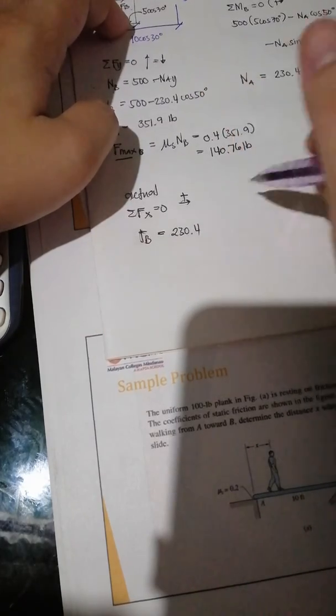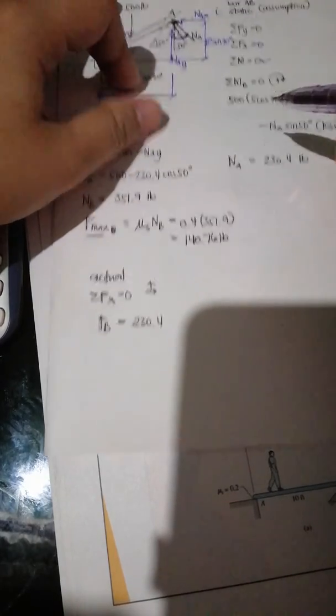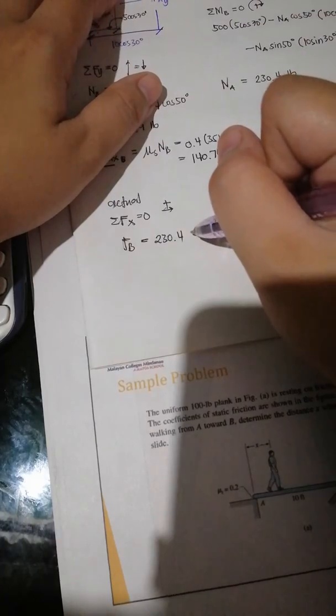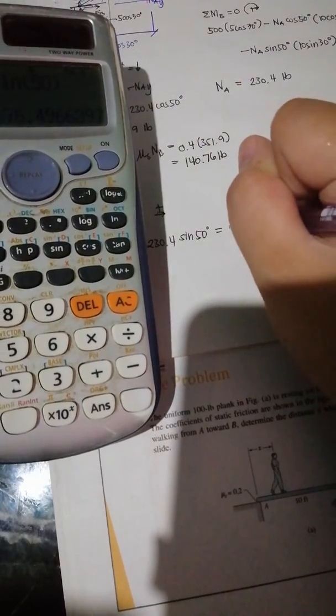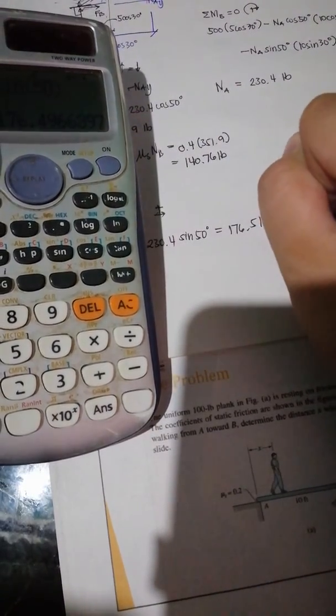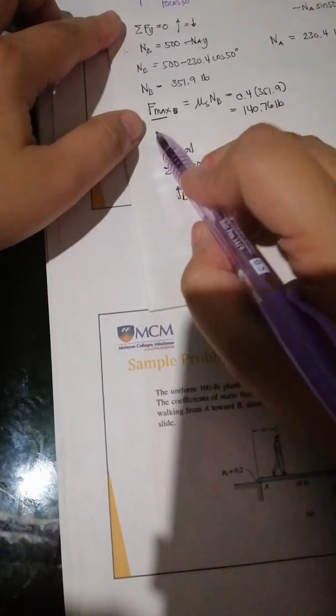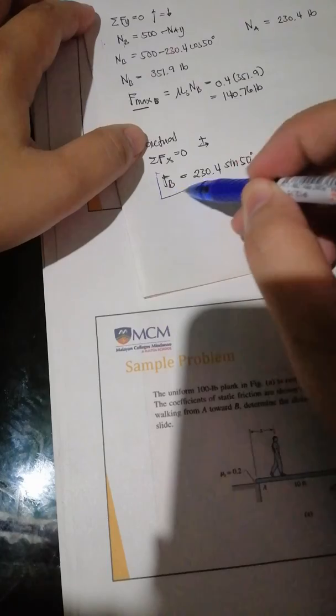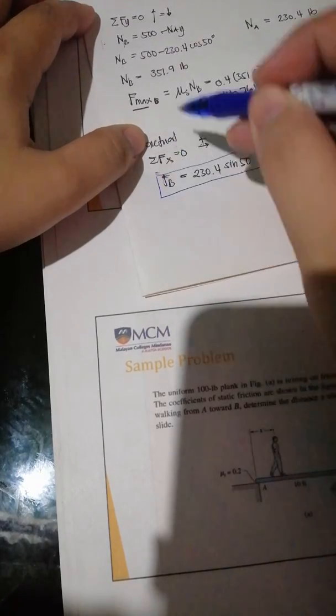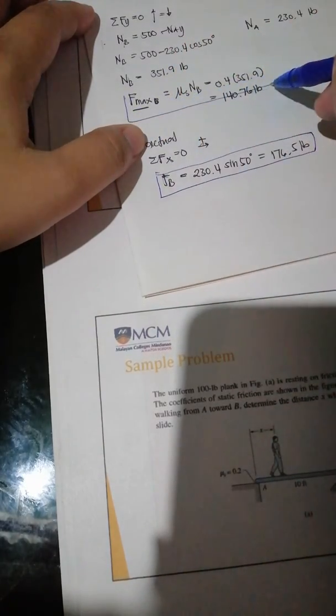NAX is NA sine of 50, where NA is 230.4. That gives 176.5 pounds. We will now compare the actual value, if the system is static, against the maximum.